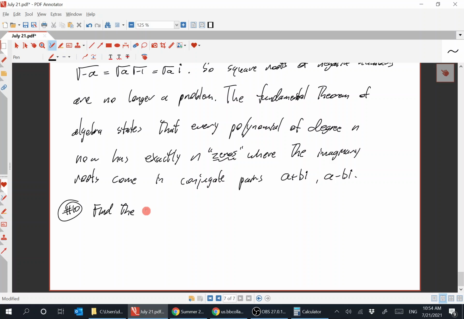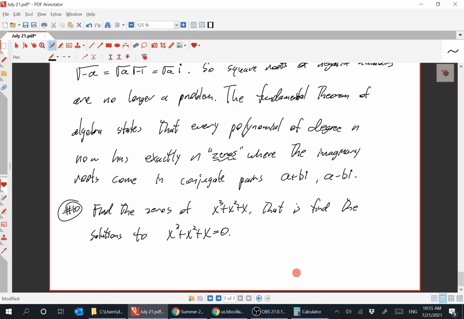Find the zeros of x to the third plus x squared plus x, that is, find the solutions to x to the third plus x squared plus x equal to 0.